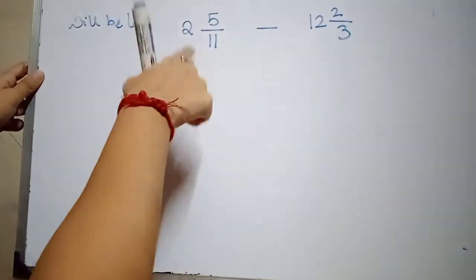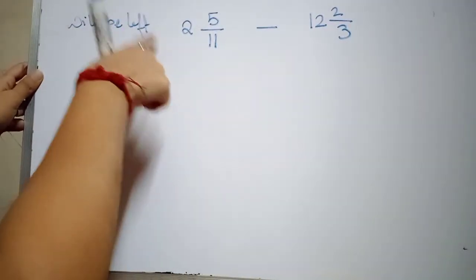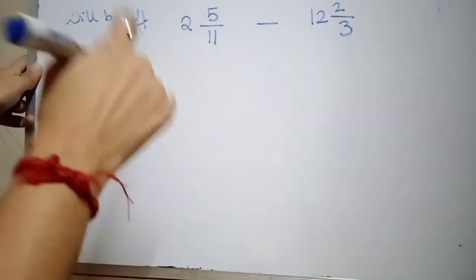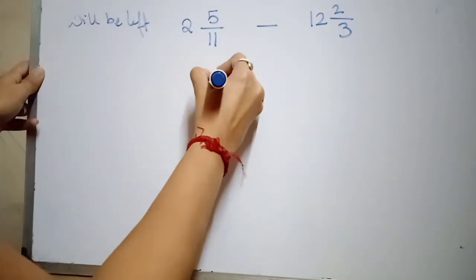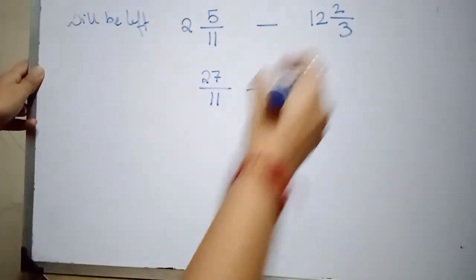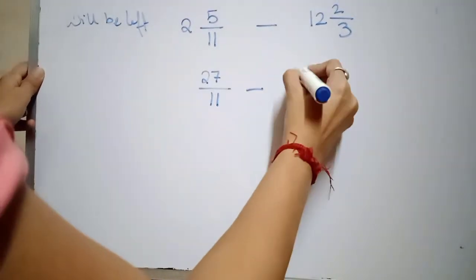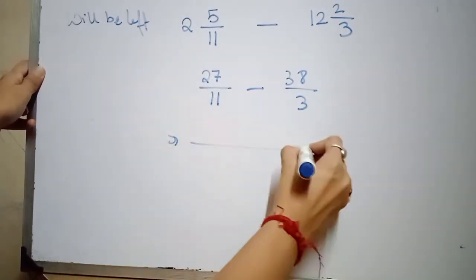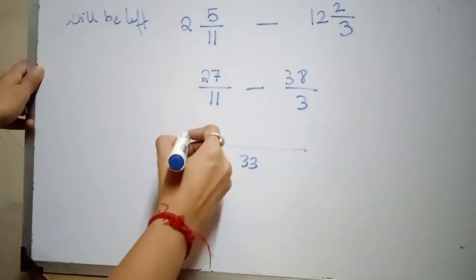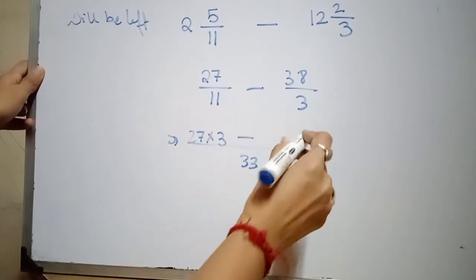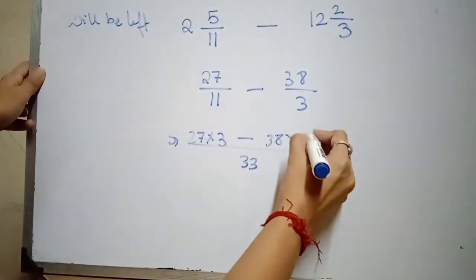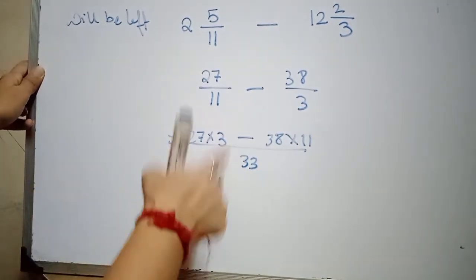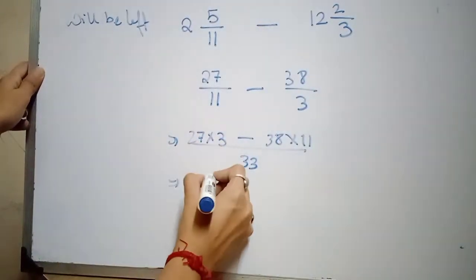So this much will be left. Now I have to convert them into improper fractions first. So 11 times 2 is 22, 22 plus 5 is 27, minus this will be 36 plus 2, that is 38 by 3. Now as these are co-prime, the LCM will be simply 33. So 27 into 3 and this will be 38 into 11. So this will be 81.